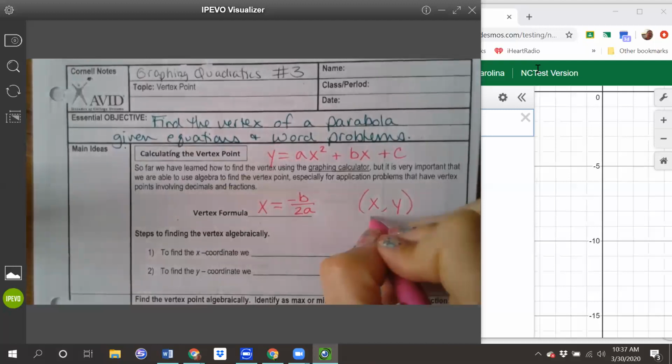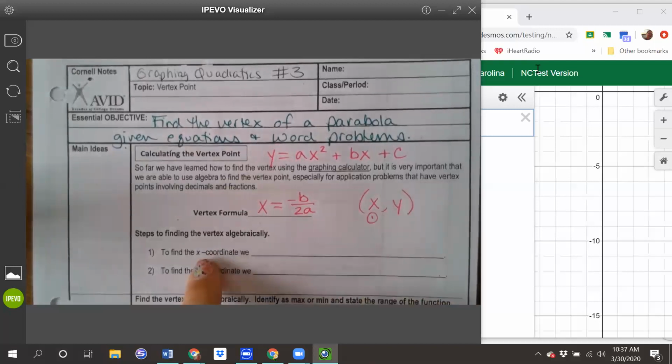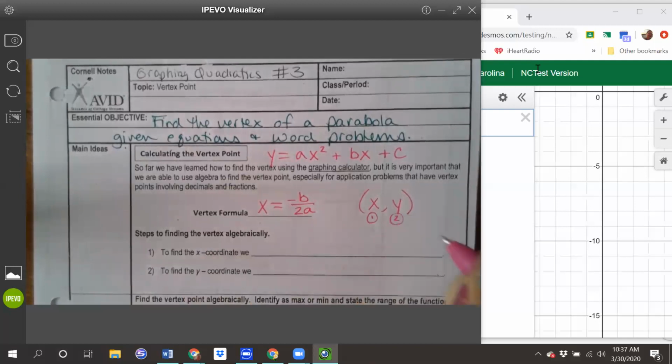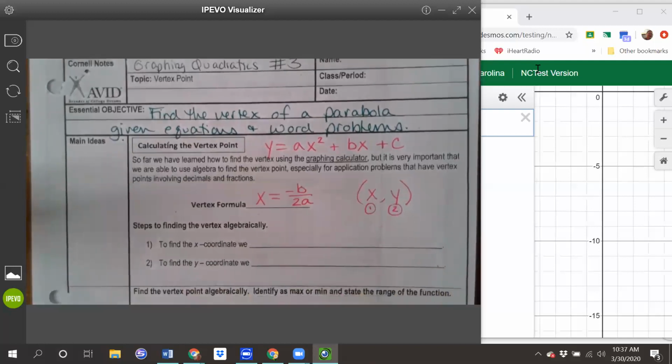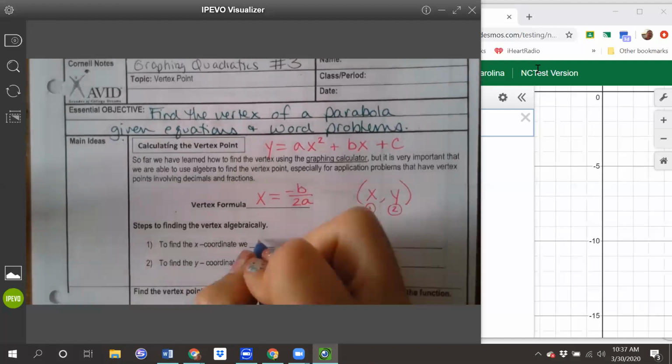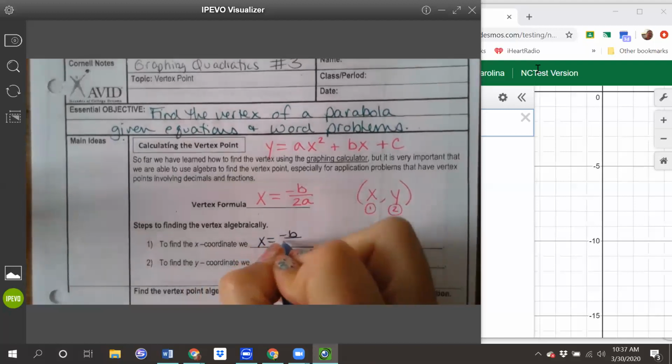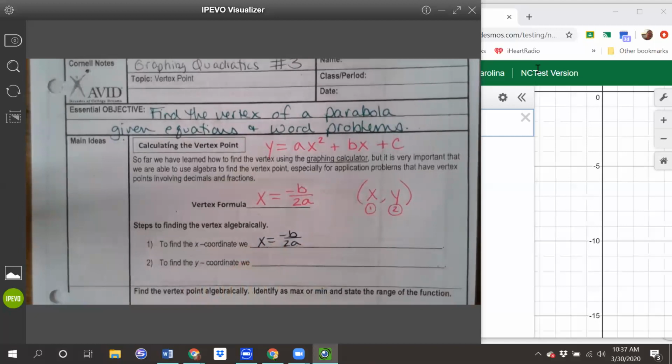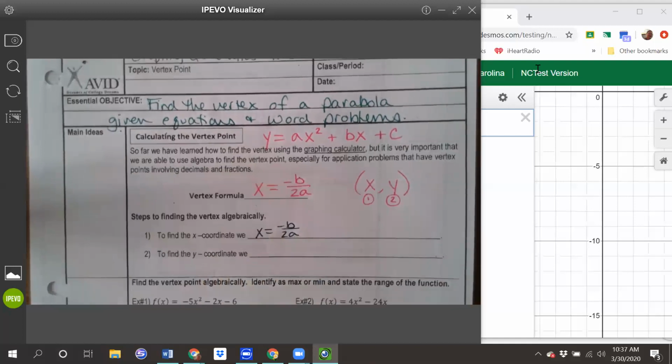So step number 1, we find the x right here. And then step number 2, we find the y. In order to find the x, we use opposite of b over 2a. And then to find the y coordinate, in our last video, we discussed that we have 3 different tools that we can use.